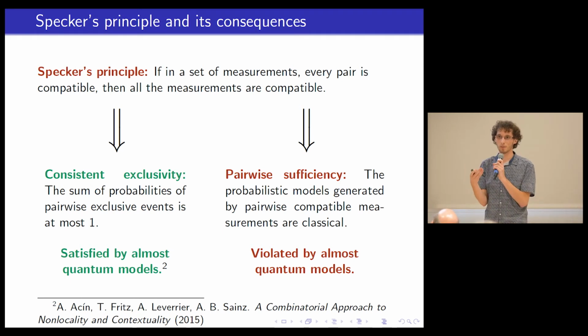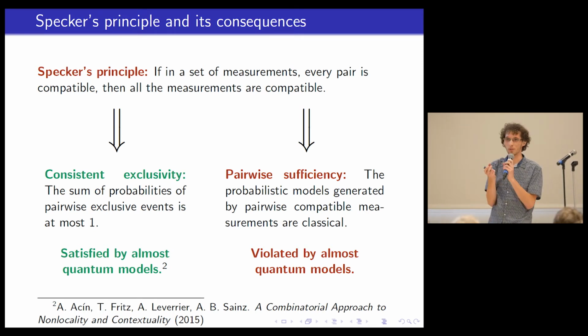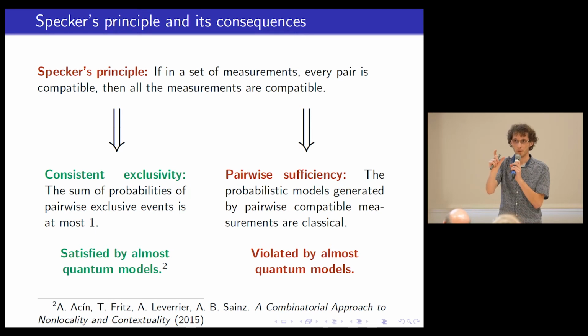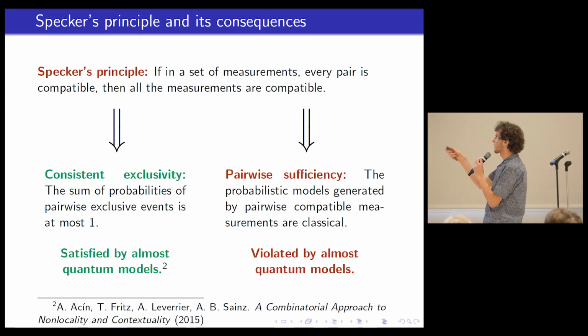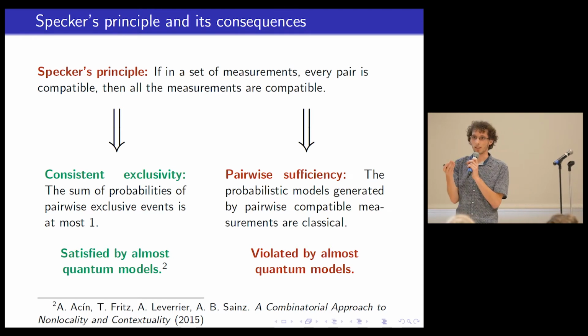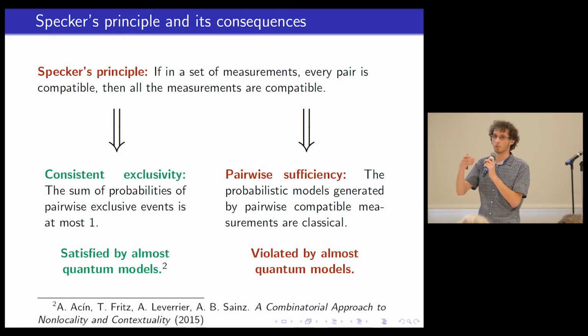Because we have defined quantum correlations through projective measurements, and projective measurements satisfy Specker's principle, it is enough to check the commutativity, which is a binary property that reduces to just pairs. So it has to follow that Specker's principle is satisfied by quantum correlations in any of its consequences at the level of correlations.